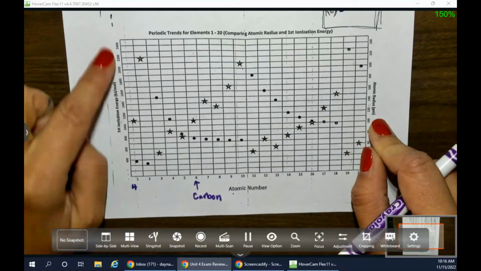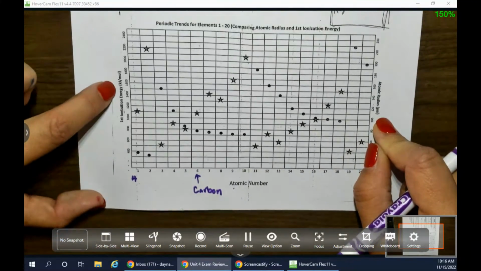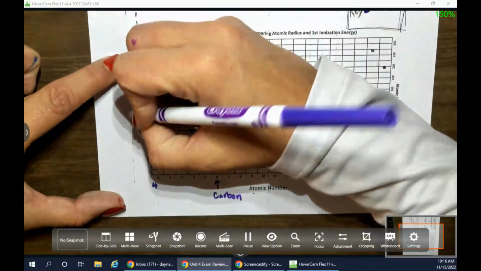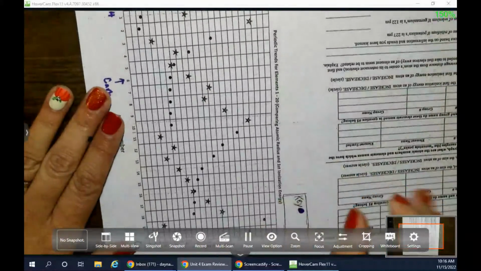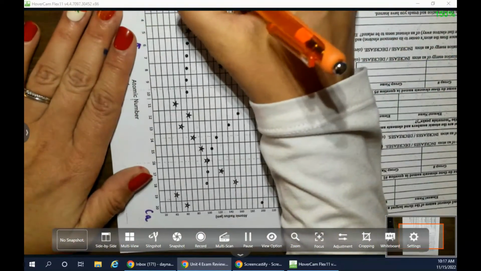So the one on the left-hand side says ionization energy. Well, we haven't written it in our key yet, but that's going to be your other color, and it's going to be the stars.